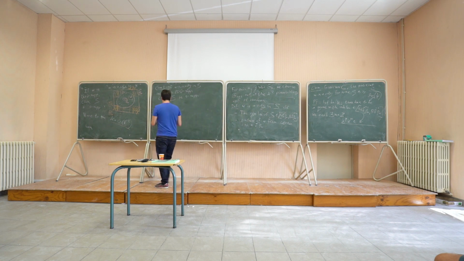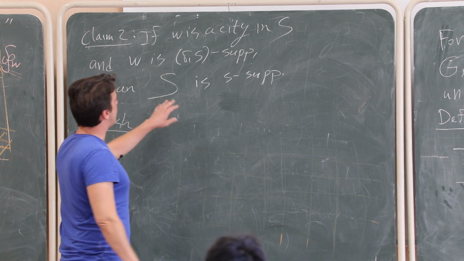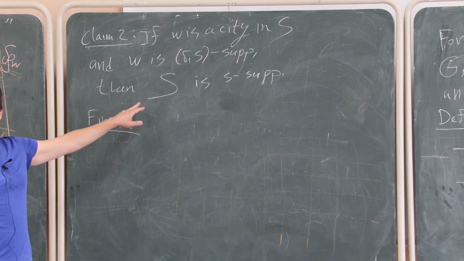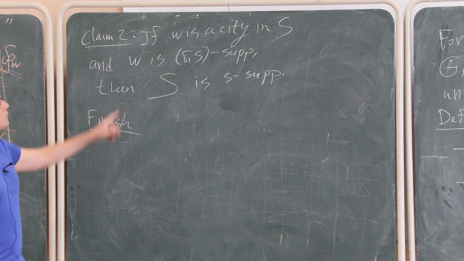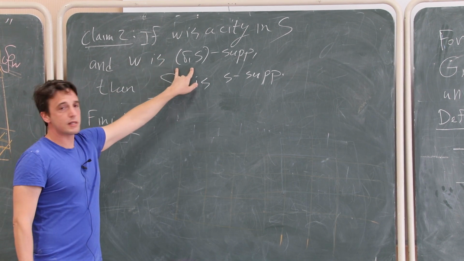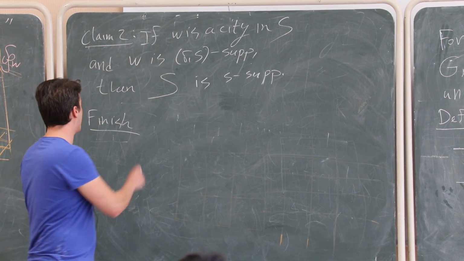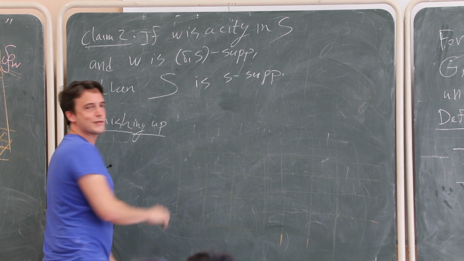So how do we finish? So finishing the proof of the lemma, right? We know that the number of S-supported squares cannot be too large, and we know that if W is a city, if W is delta S supported, right? So let's do this formally. Finishing up, it's almost the same case.